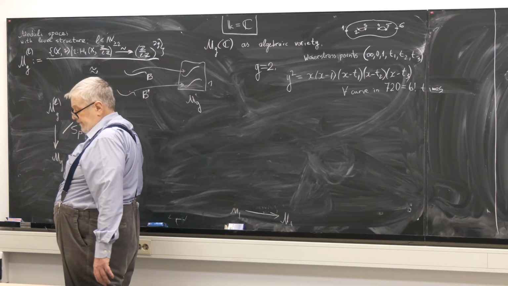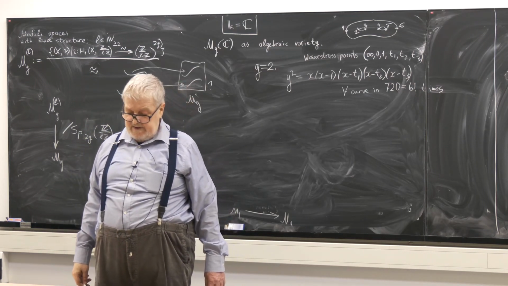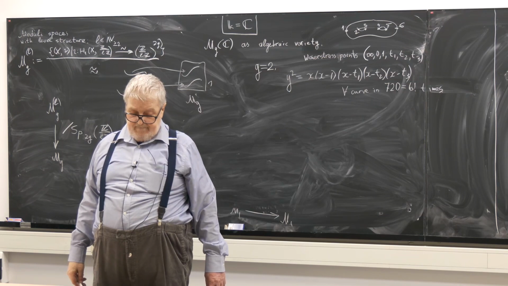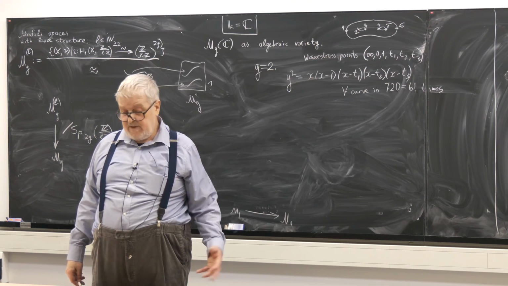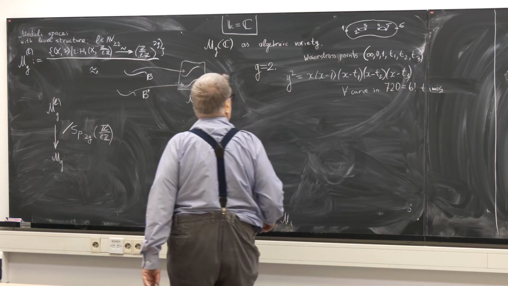The curve with just its algebraic geometric structure has no natural order on the Weierstrass points.